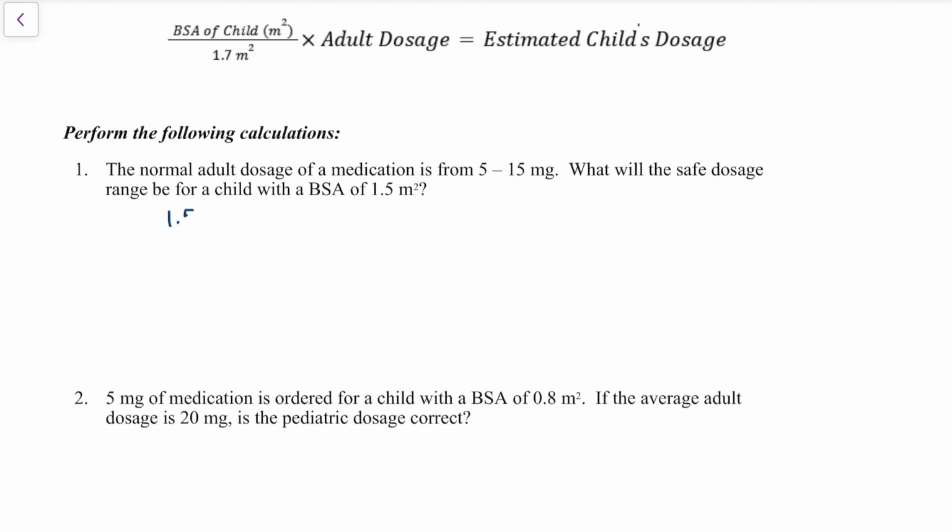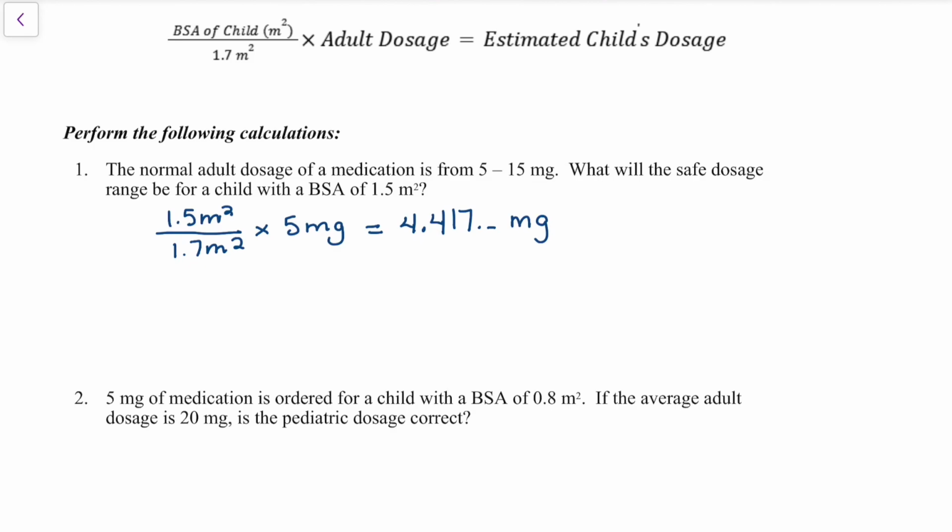But we can do 1.5 meters squared divided by 1.7 meters squared times 5 milligrams to figure out the low end of that range. And I get 4.417, so on and so on, milligrams.